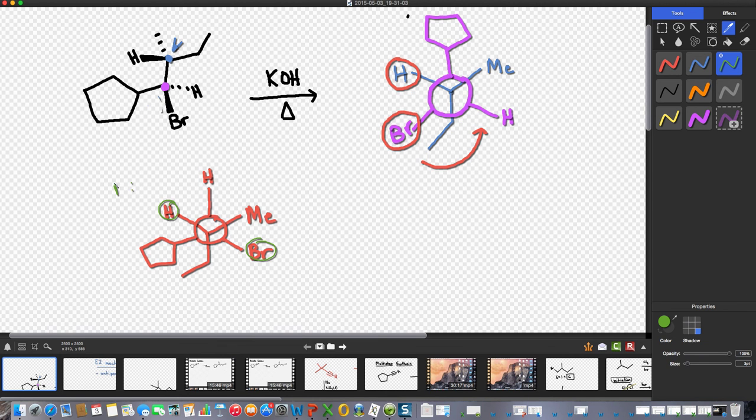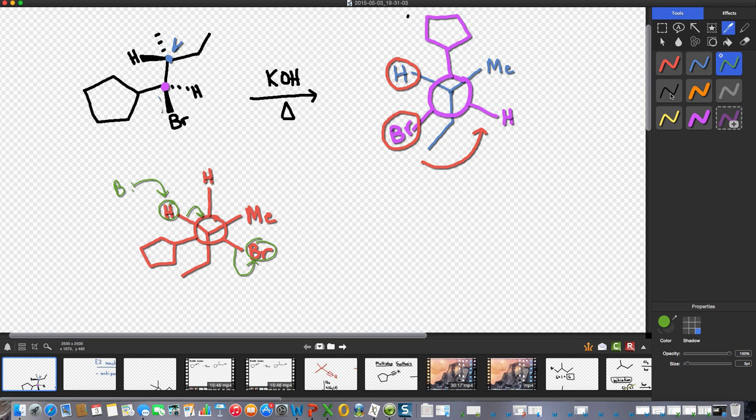So I can push my arrow in this Newman projection. Again, this arrow is going such that the carbon-carbon double bond is actually going into the plane of the screen. So you can't necessarily draw that easily. And the bromine, or the bromide, is going to leave.